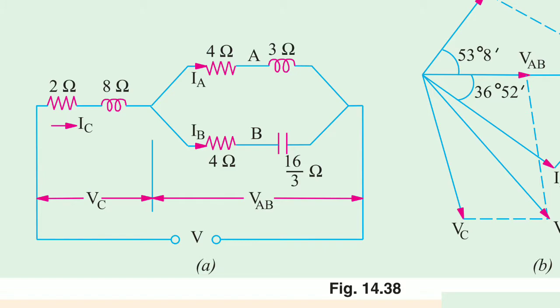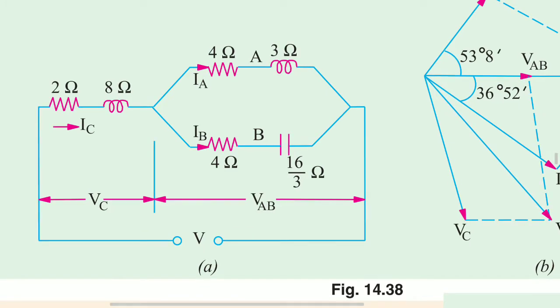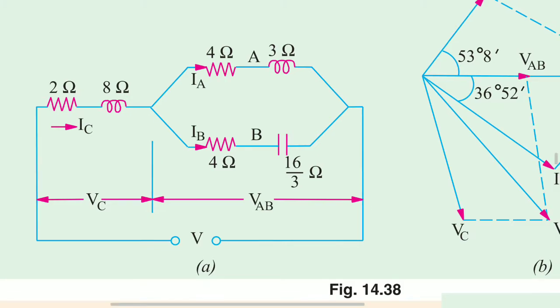And two branches, now this is the branch C and the branches A and B in parallel. That is, branch A is 4 ohms and 3 ohms. Branch B is 4 ohms and 16 by 3 ohms.